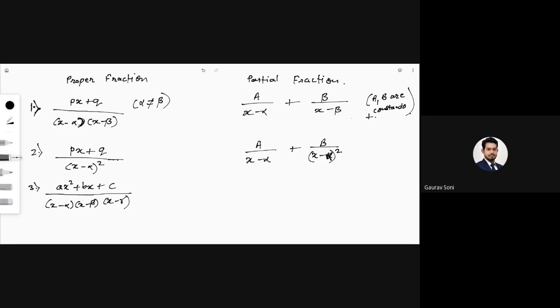Yes, sir. Degree of numerator is 3, sorry, 3, 3. And degree of denominator 3. So is it a proper fraction or improper fraction? Sir, both degrees are same, numerator has 3 degree and denominator has 3 degree. Okay.